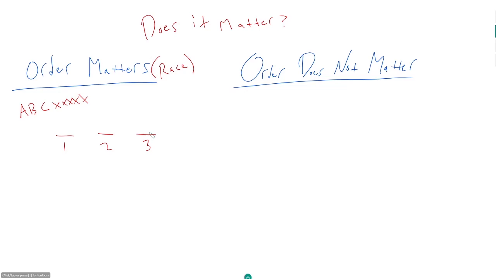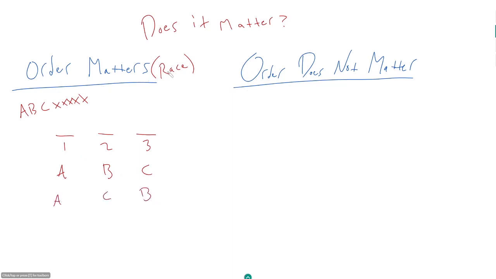And so let's talk about some examples. One example is I can have A finish first, B finish second, and C finish third. And so I would want to include that in my possible combinations. What's another combination? Well, I can also have A, then C, then B.